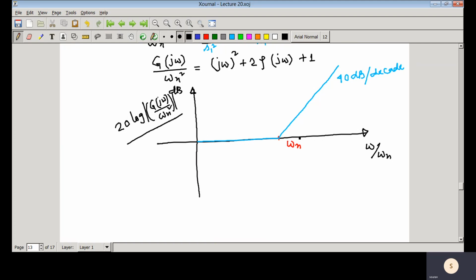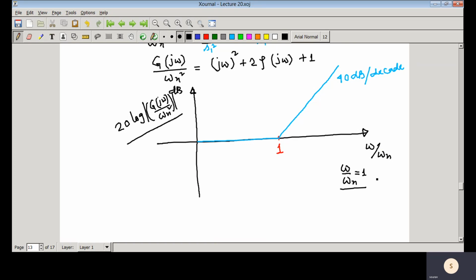And here the corner frequency would be 1. We have already discussed, because if ω/ωn equals 1, then ω equals ωn, which is the corner frequency.